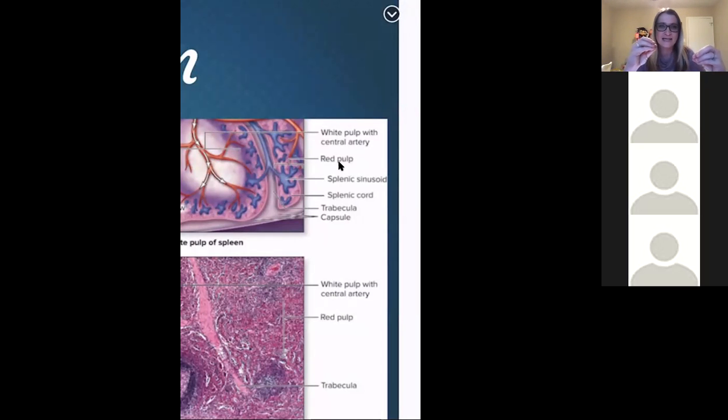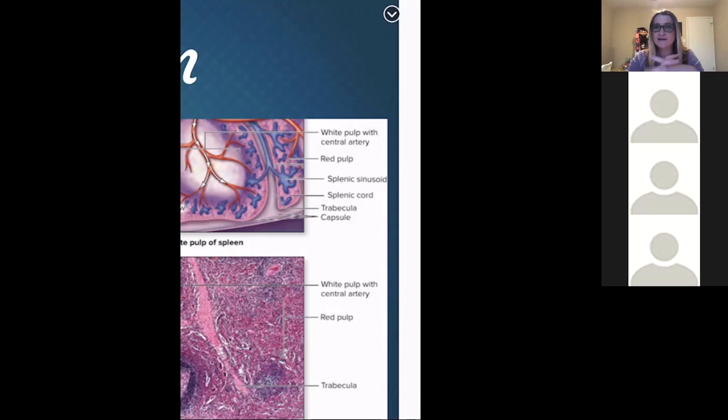It looks at the spleen in more detail than our textbook gives us. You don't need to know all that extra detail, but I think it might be enriching for you to fully understand how the spleen works. It's after this slide, within the Nearpod.